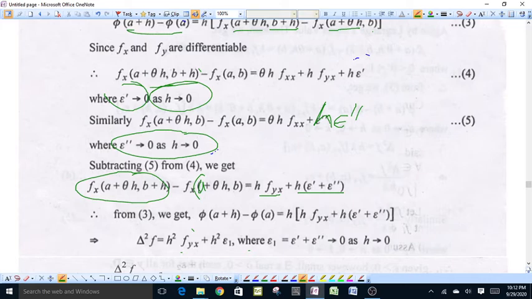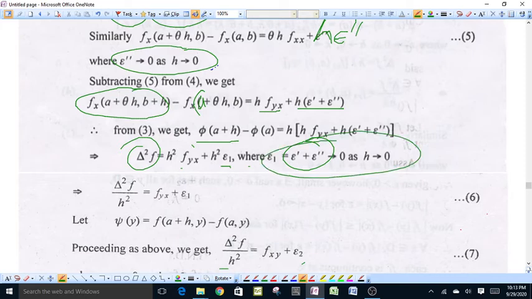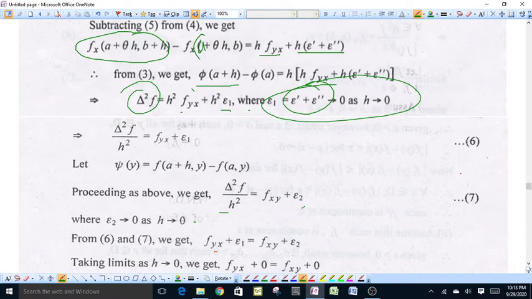Now from equation 3 we get phi(a+h) minus phi(a) is equal to h into h fyx plus h into (epsilon dash plus epsilon double dash), that is delta square f is equal to h square fyx plus h square epsilon 1, where epsilon 1 approaches 0 as h approaches 0. This means delta square f upon h square is equal to fyx plus epsilon 1.